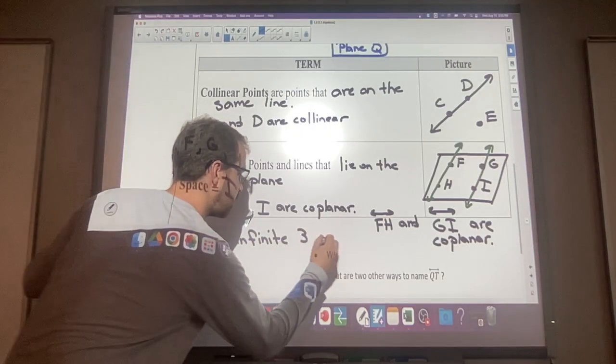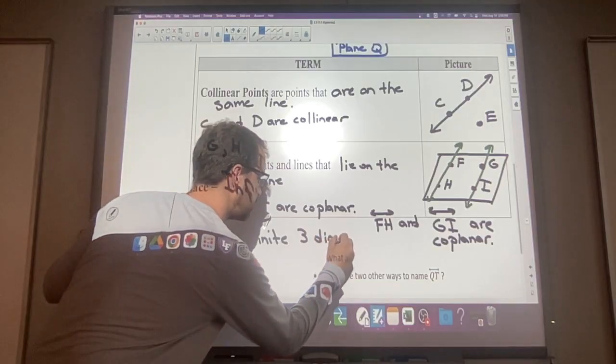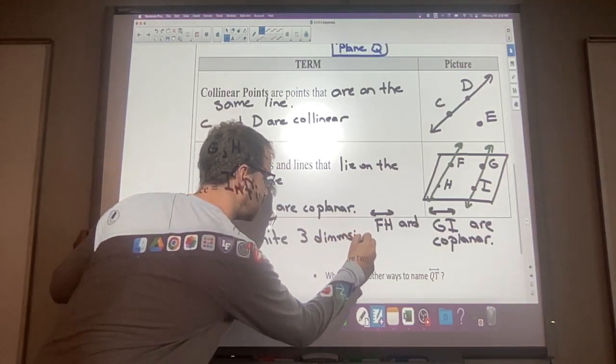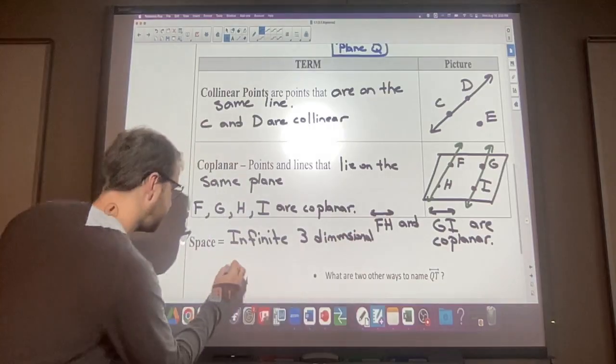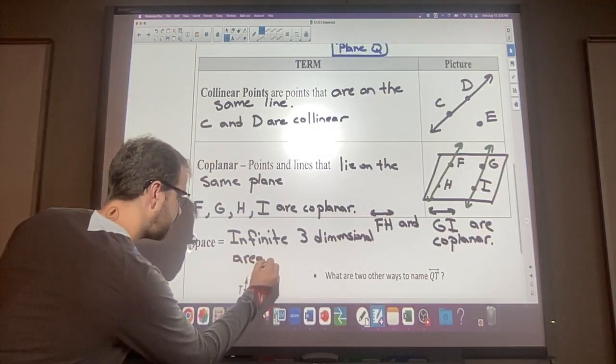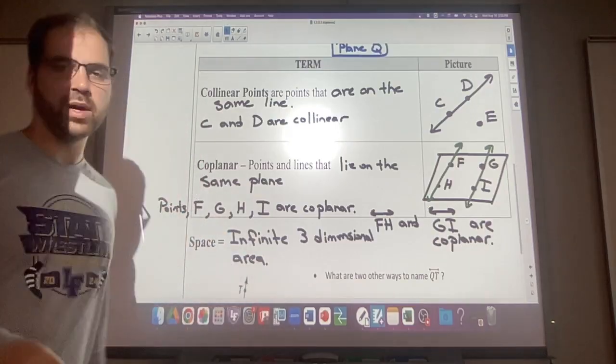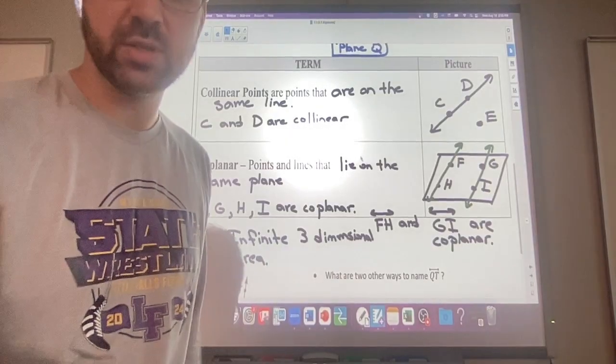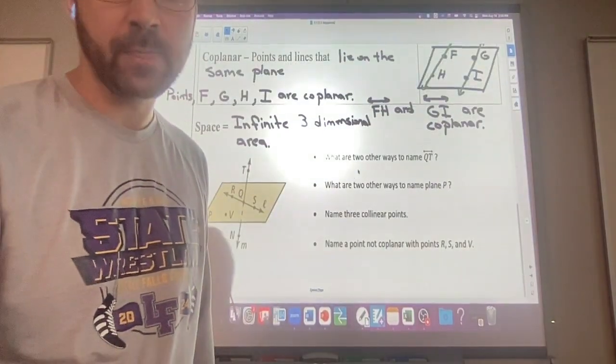We don't use that too much. Mainly we just stay in 2 dimensions on a flat plane.